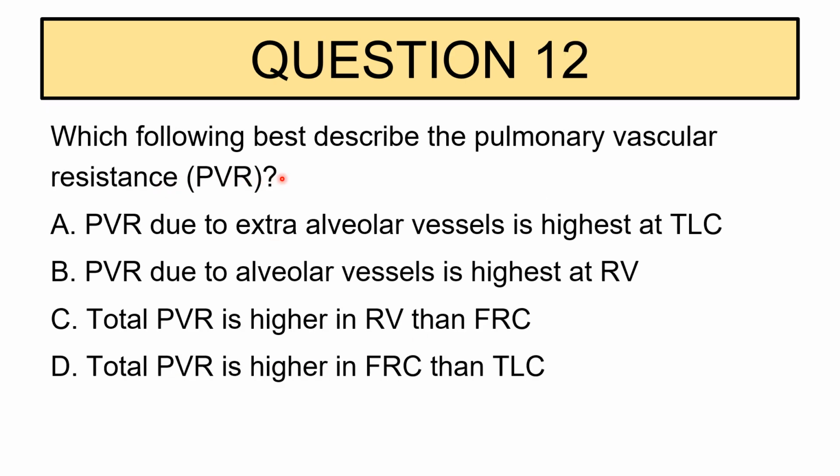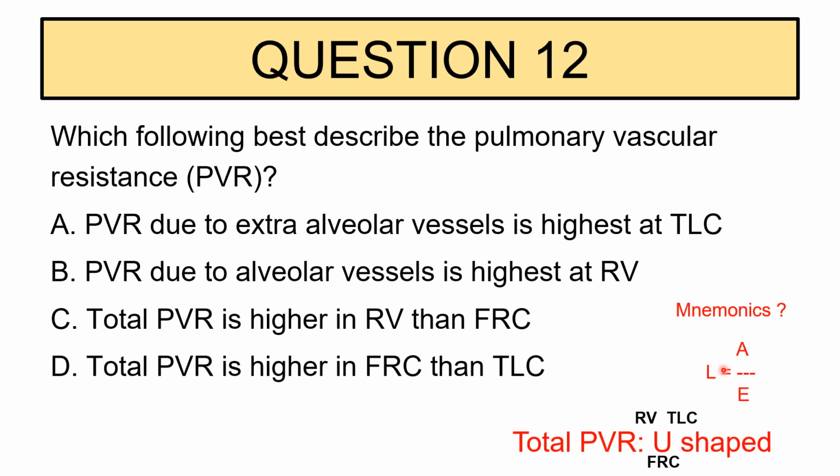Which of the following best describes the pulmonary vascular resistance, or the PVR? Our mnemonic is left atrial enlargement, and the total pulmonary vascular resistance is U-shaped. The inflection point is at FRC. So, the PVR due to extra-alveolar vessels is highest at TLC.